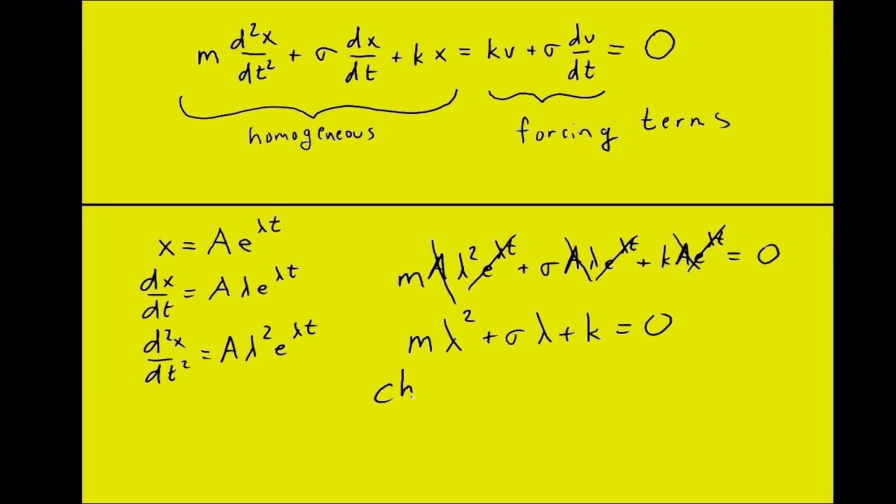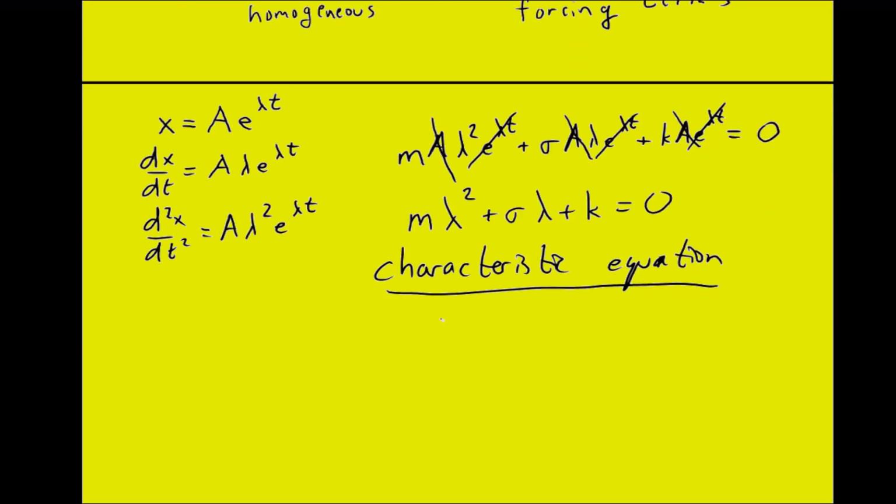This is known as the characteristic equation for our differential equation, because it determines what the value for lambda is, which in turn will determine the nature, or the character, of our solution.